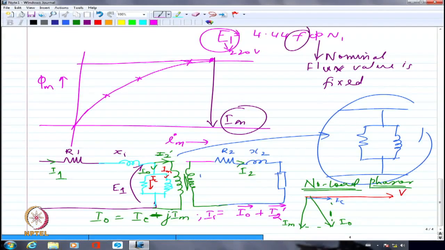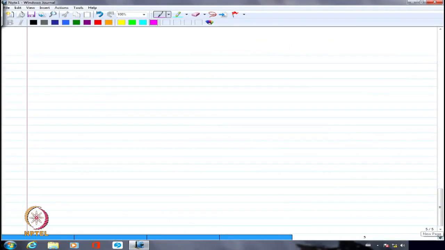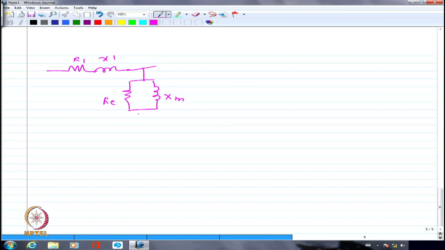So let me just finish by drawing the overall equivalent circuit from which we will start off our discussion tomorrow. So I am going to have R1, I am going to have X1, and I am having here RC and XM, right?